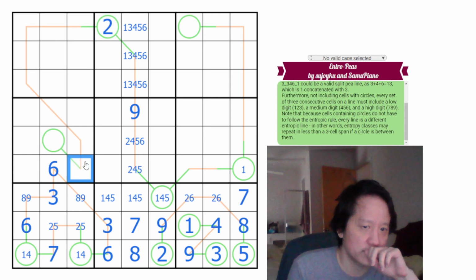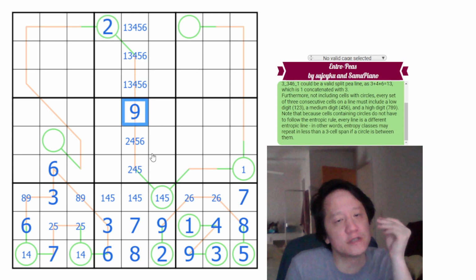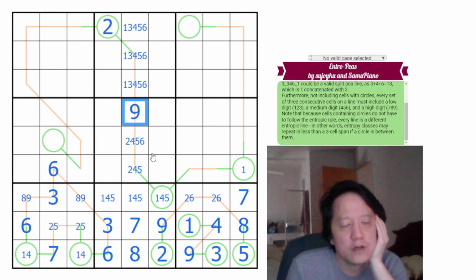Yeah, it's possible. So we know this is 2 because this has to be a 9, to add up to 21, which means this would be 4, 5, and 1. So that does work. Oh, no, it doesn't work.